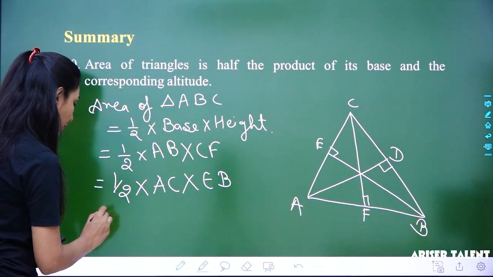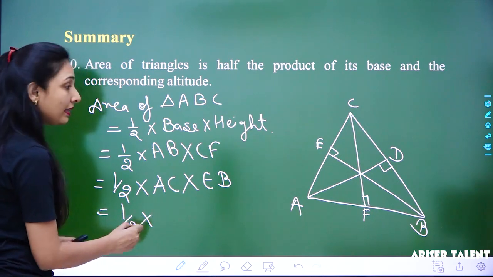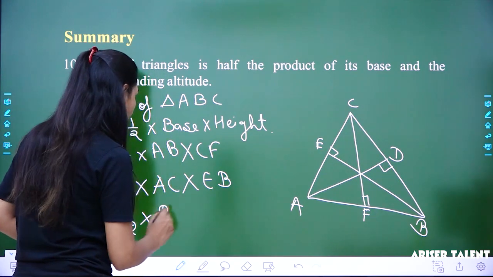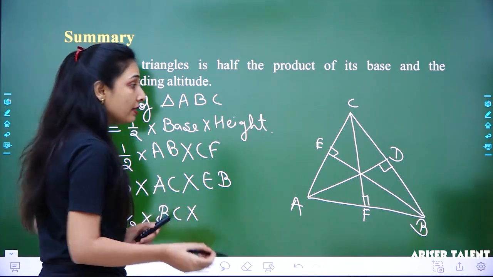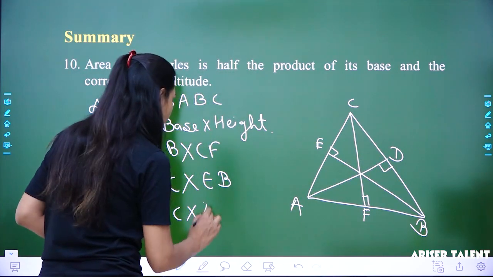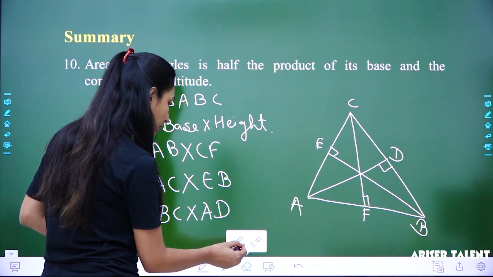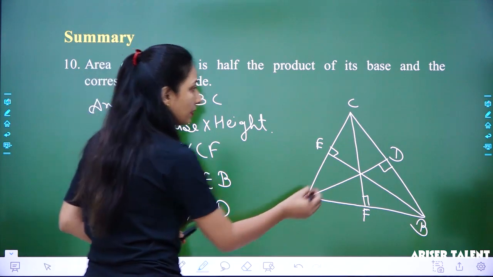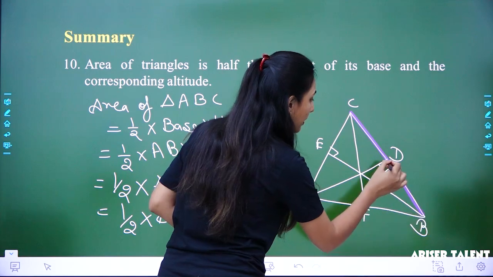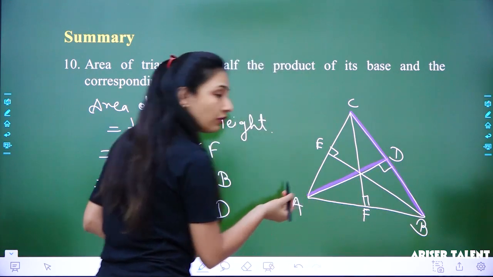Now if you take the remaining side, BC, as your base, then you take AD as the altitude. And I can color it for you. Like this is the pair of base and perpendicular for the area.